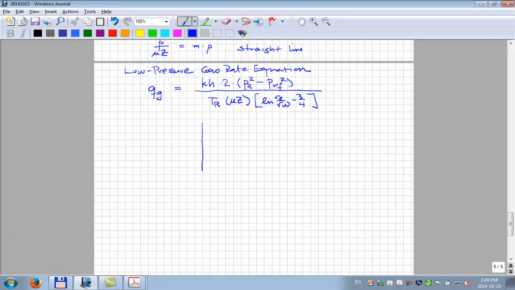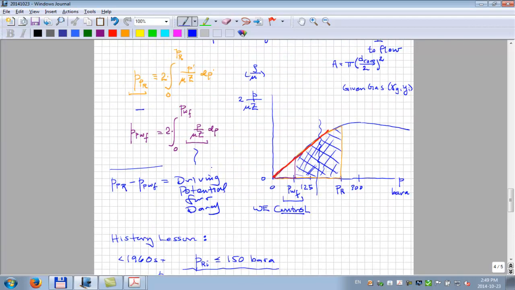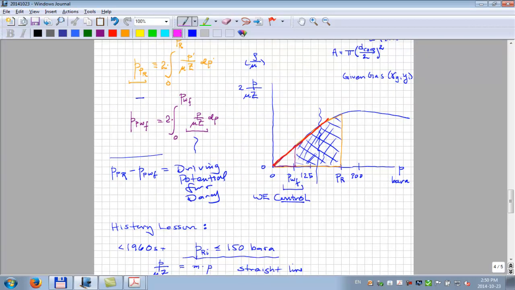Well, it ends up that if we plot in pink just 1 over mu z, forget the pressure part, then it looks something like this. So what it says is that you can pick any value of mu z you like in the low pressure region.